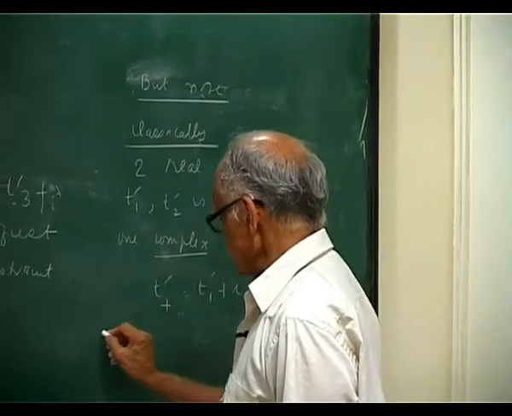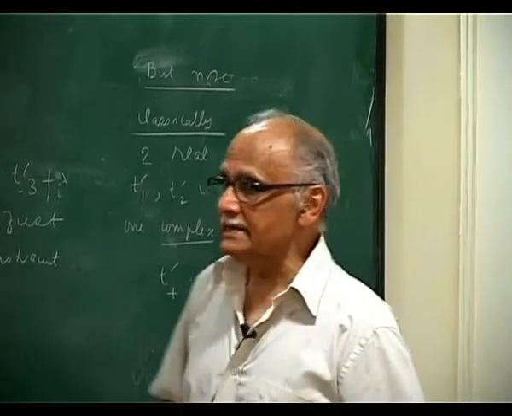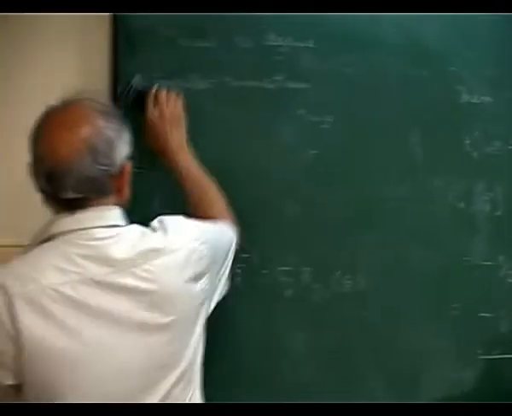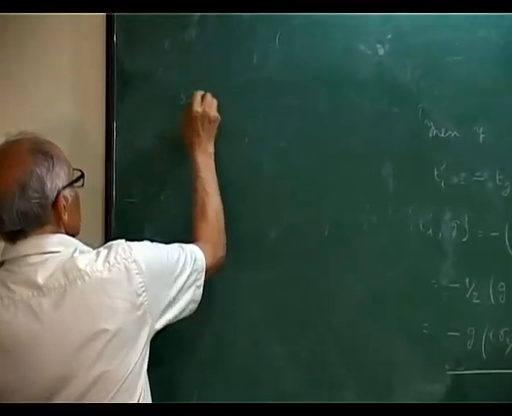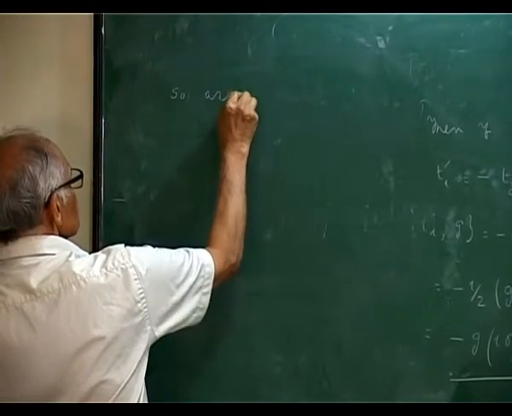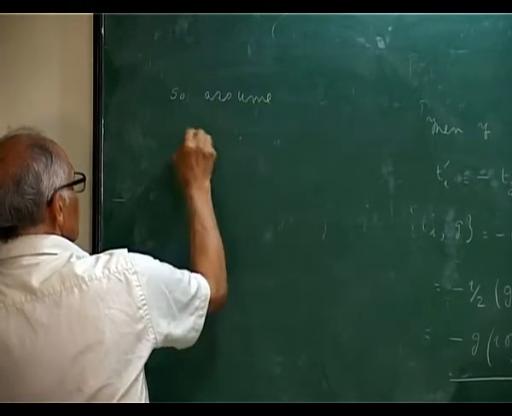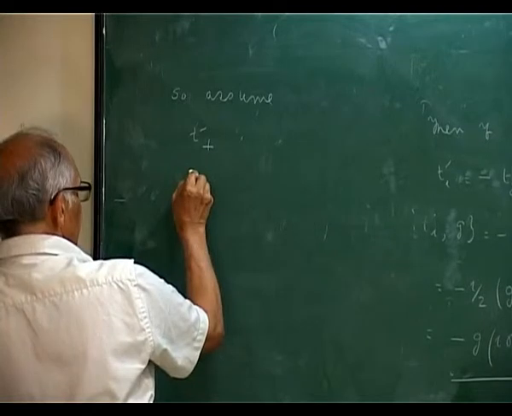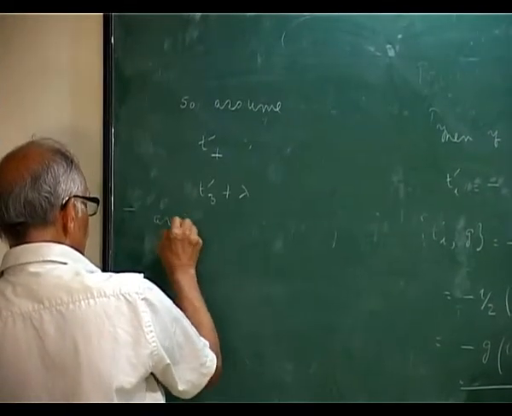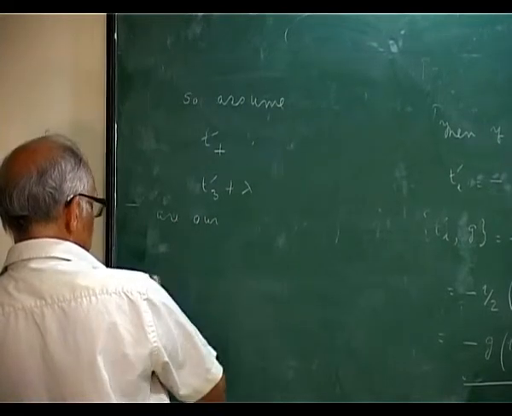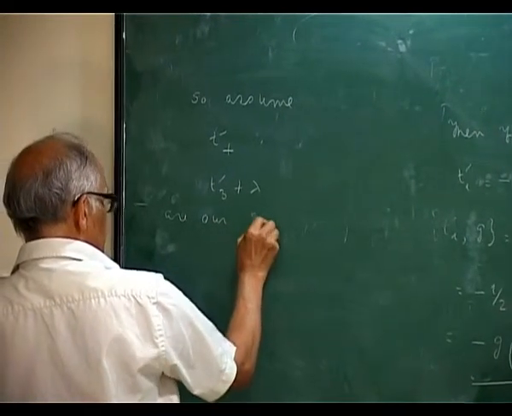Quantum mechanically, we are changing the rules of quantization. Assume T prime plus and T prime 3 plus lambda are our quantum constraints.